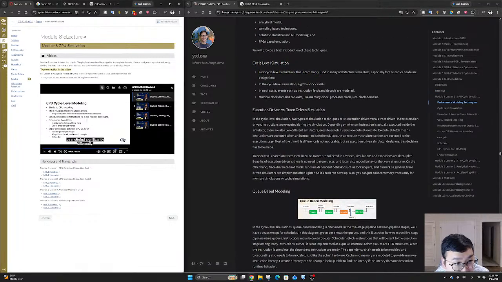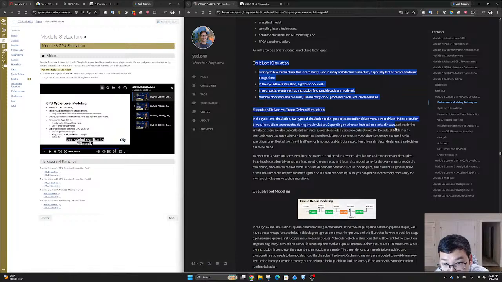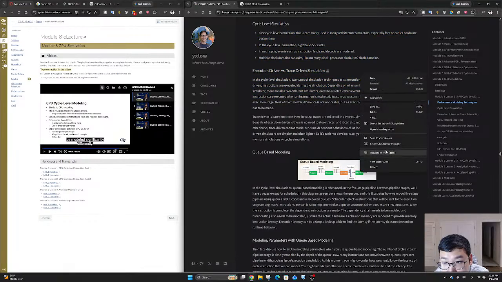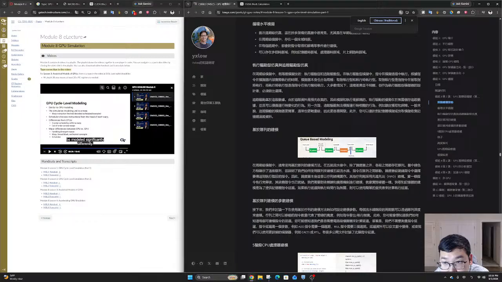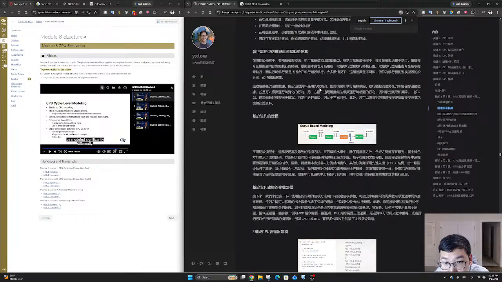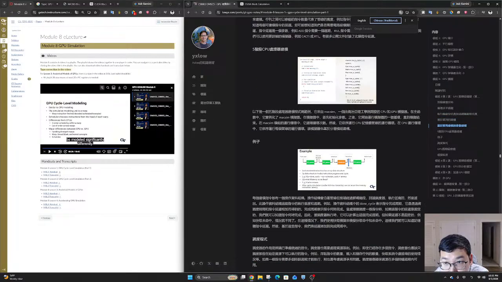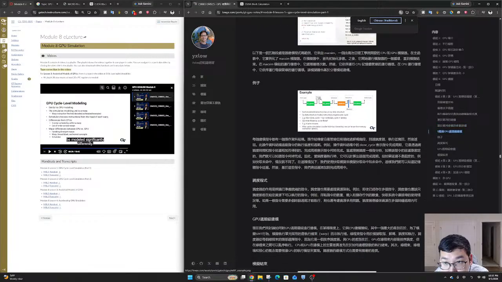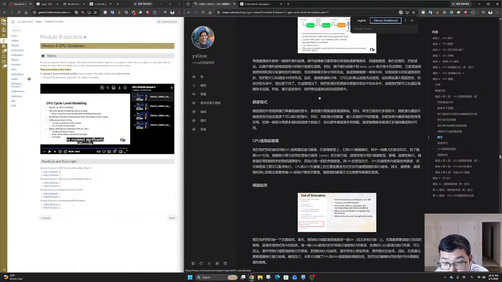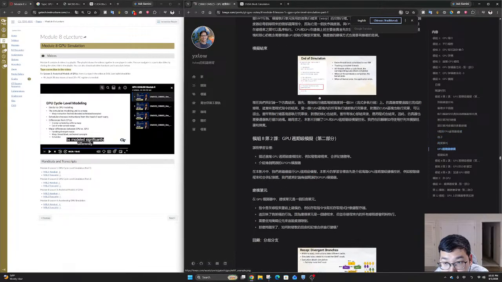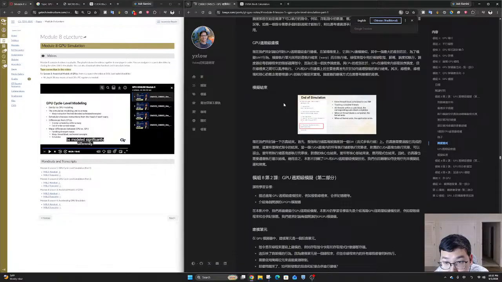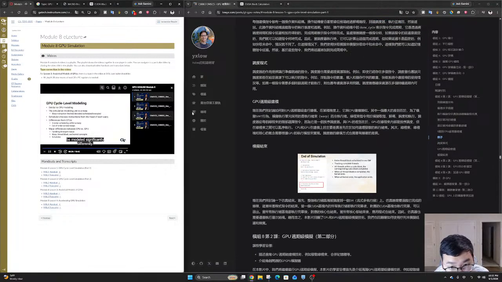And the scheduler also needs to be modeled significantly differently.